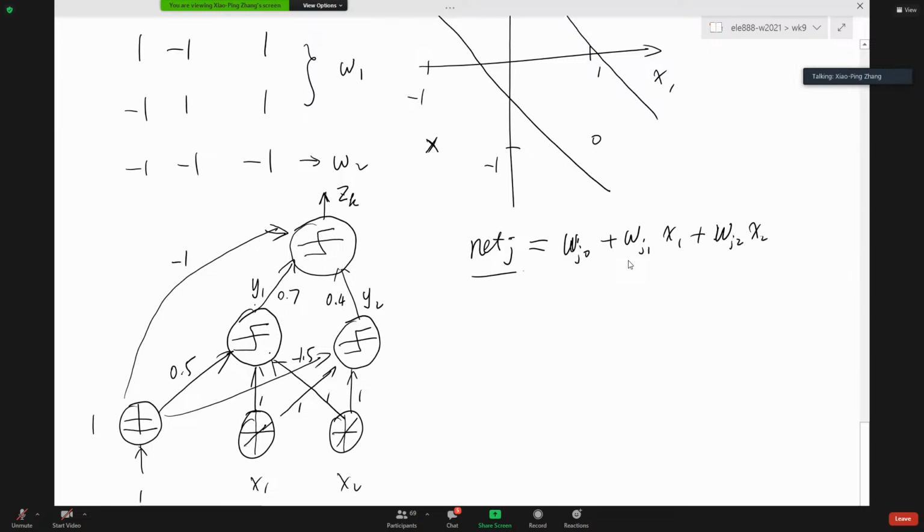We are going to use this notation from now on. The net means the linear output of that particular neuron. And then Yj would be the output of that neuron, Yj equals F of net J. And F is the activation function.